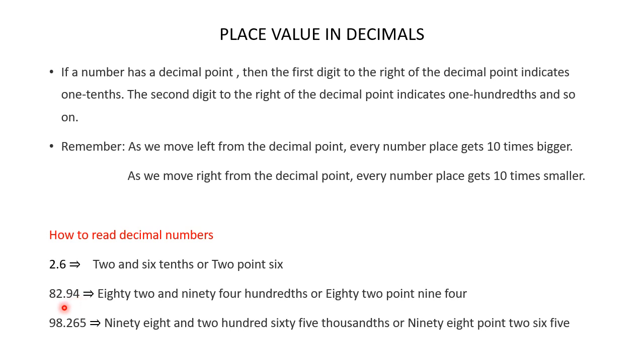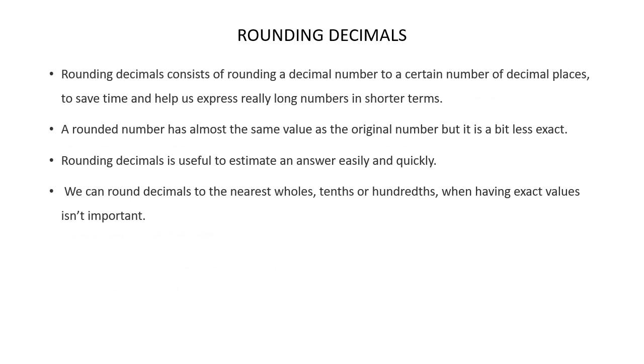So this number is read as 82 and 94 hundredths, or 82.94. Now look at this number. Here 5 is in the thousandths place. So this number is read as 98 and 265 thousandths, or 98.265.